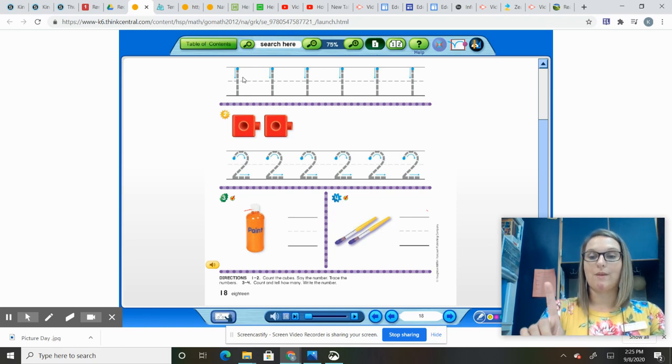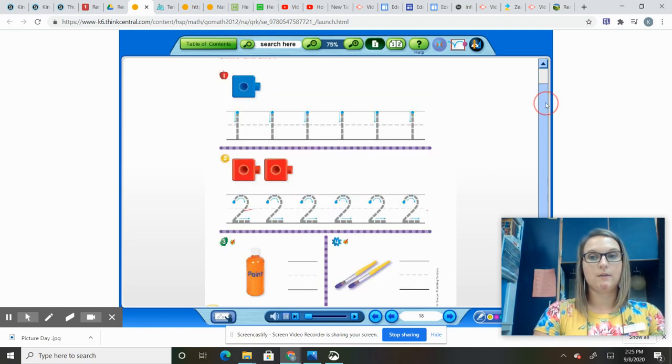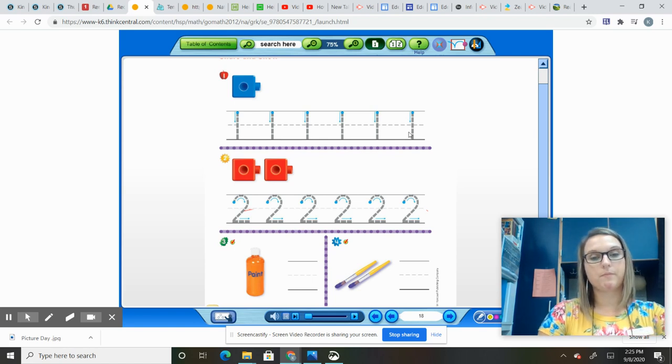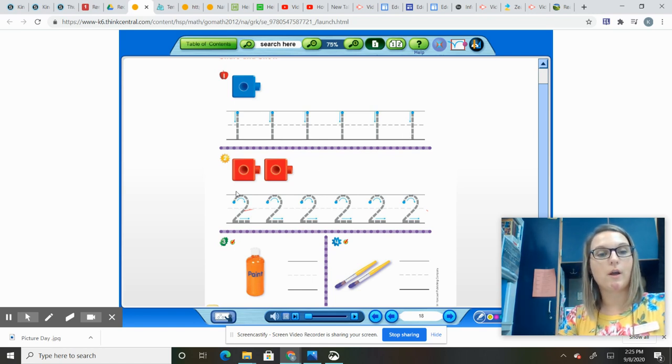Number 1 means one thing, and the number 2 is 2 things. So you have one counter here, and you're tracing that number 1. If you need to pause it while you write those numbers, then you can do that. But if you're good, we're going to move on.